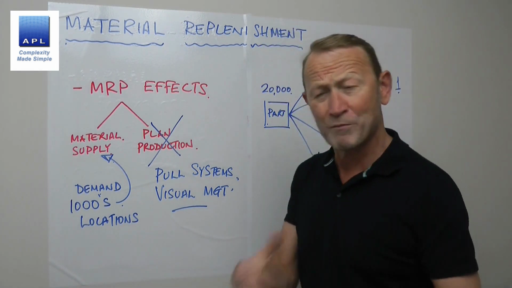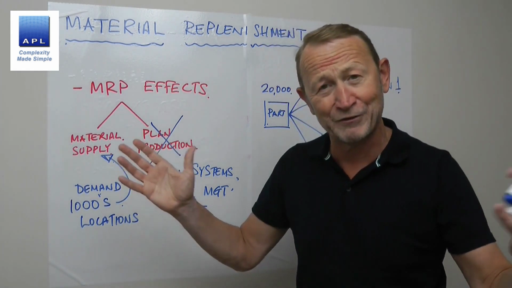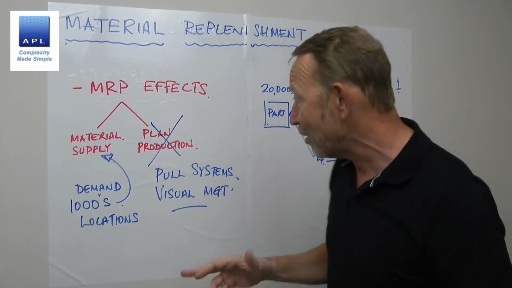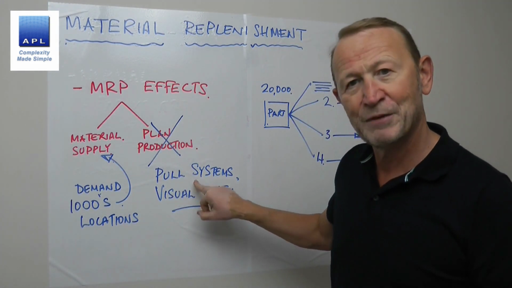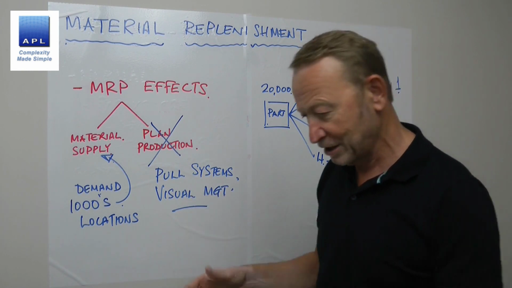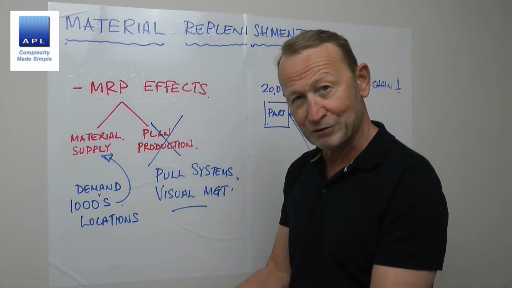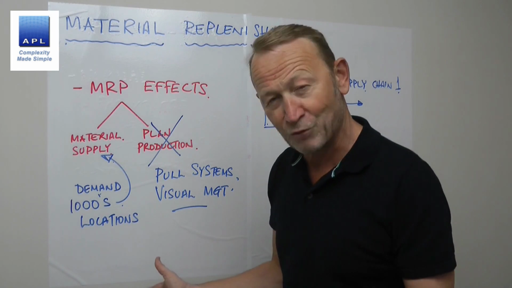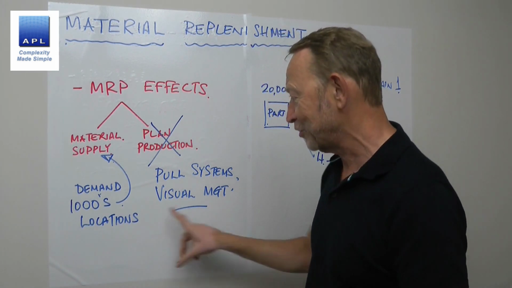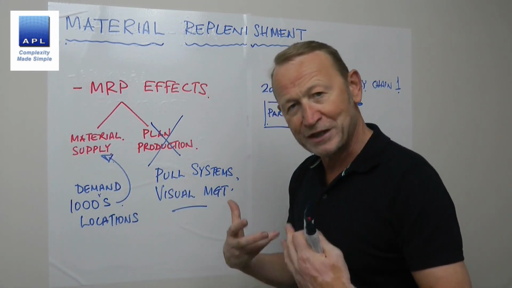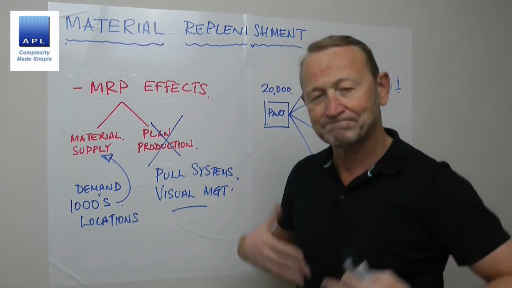You're running out of raw materials. You've got too much raw materials in your factory that you don't want. A pull system will never do that, because a pull system is reality. If you look and there is no signal to make more, you won't make more because the customer didn't take them. If you look at visual management and ask, do we need to buy more raw materials?